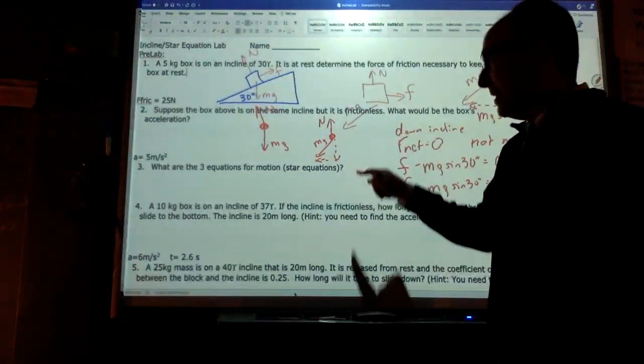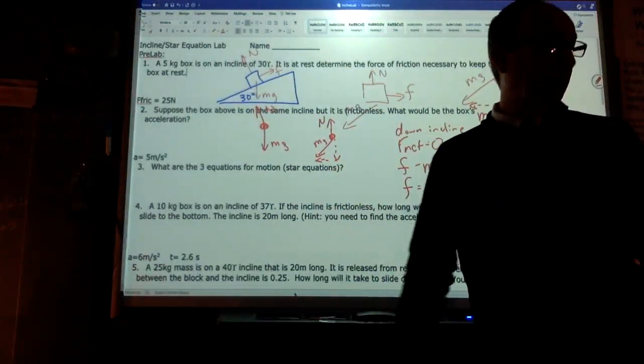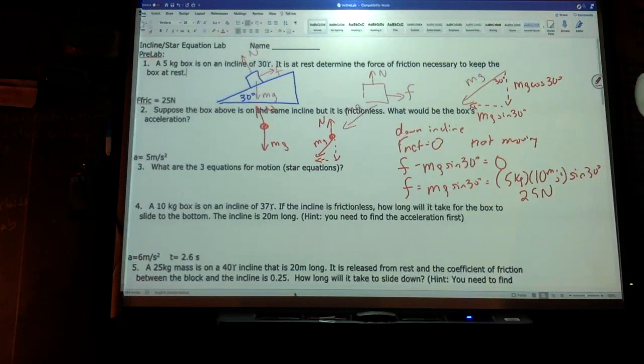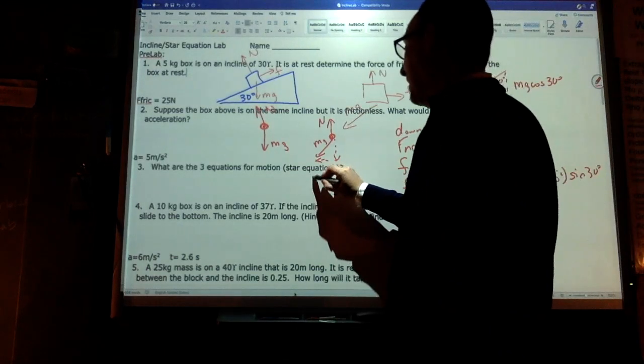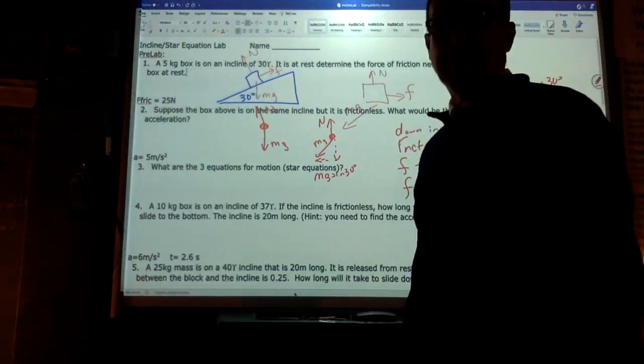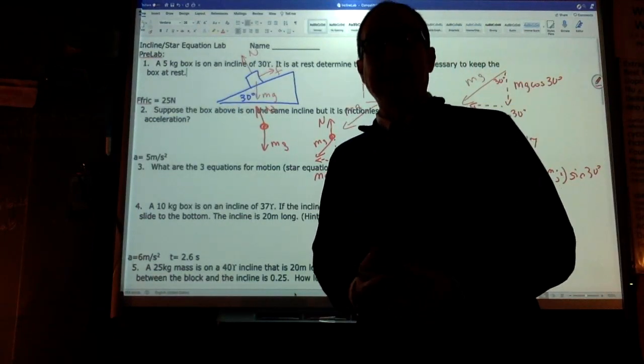And I'm interested in this side of my triangle. So if that upper angle is 30 degrees, the part of the weight that's trying to go down the incline is still going to be mg sine of 30.